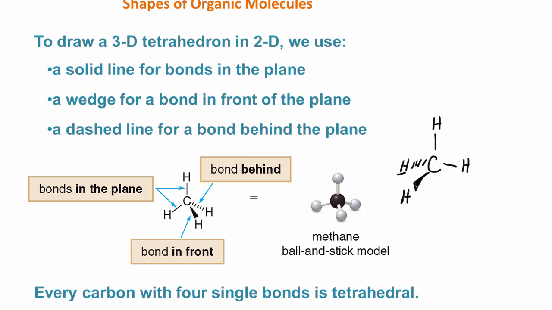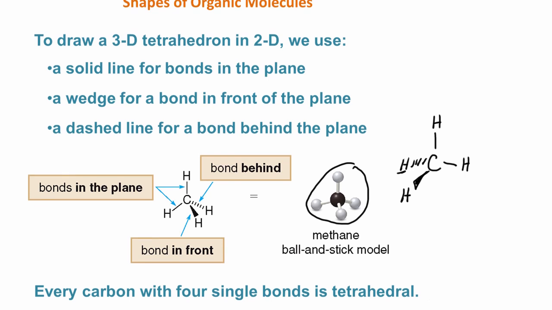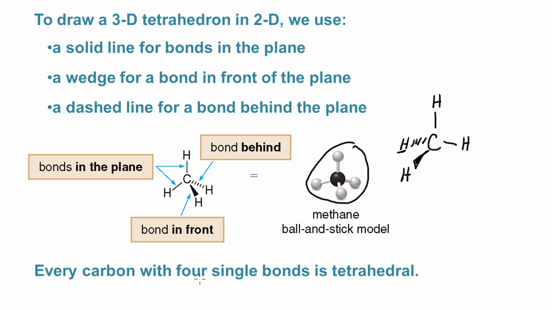This bond here is pointing away from you through the paper, if you will. And again, if you have some models, that might be quite helpful in this course. If you have a little molecular model kit, this is how you would show that. Again, as I said before, every carbon that has 4 single bonds is going to be tetrahedral.